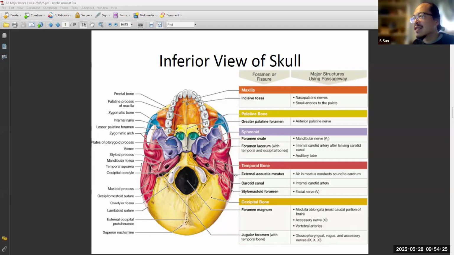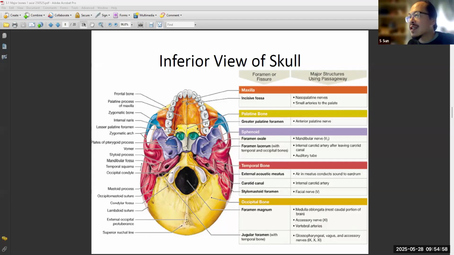This one allows the vagus nerve to go through the jugular foramen. And this one is the carotid canal. This one is important because it allows the carotid artery, which provides the blood vessel into your brain.